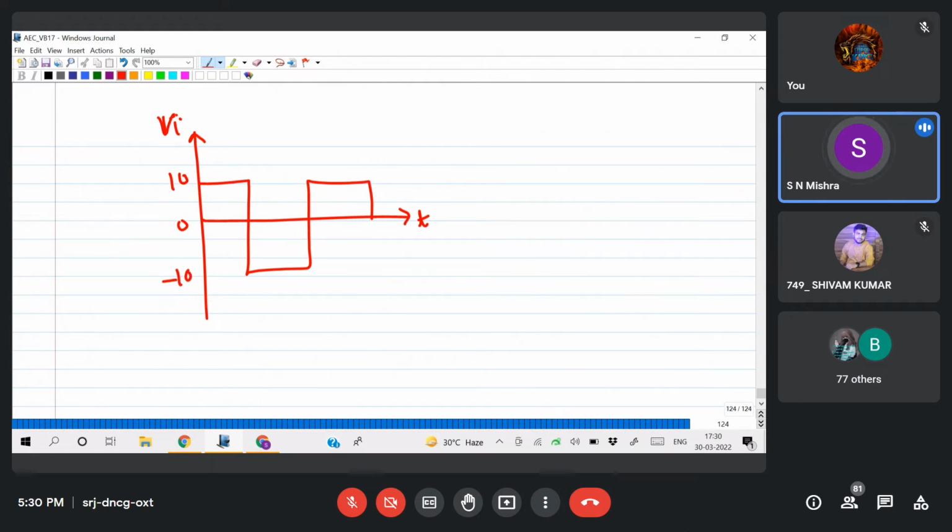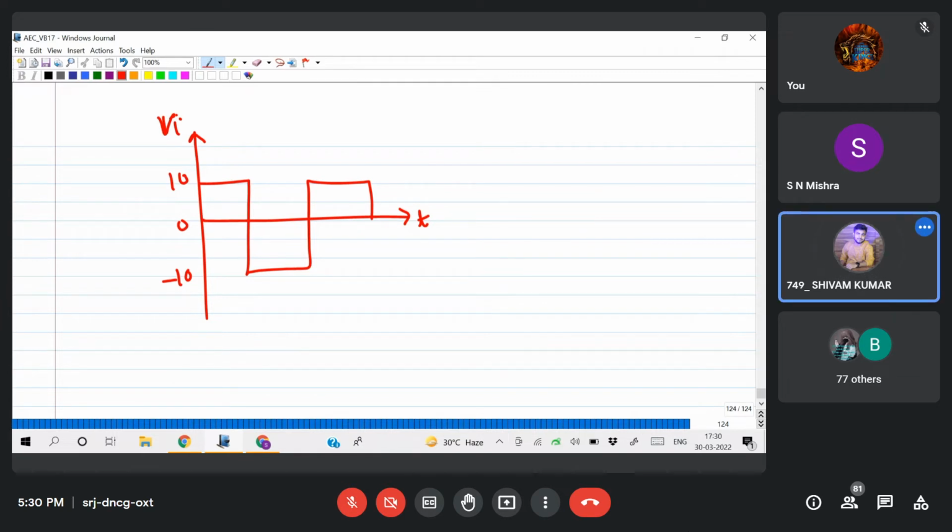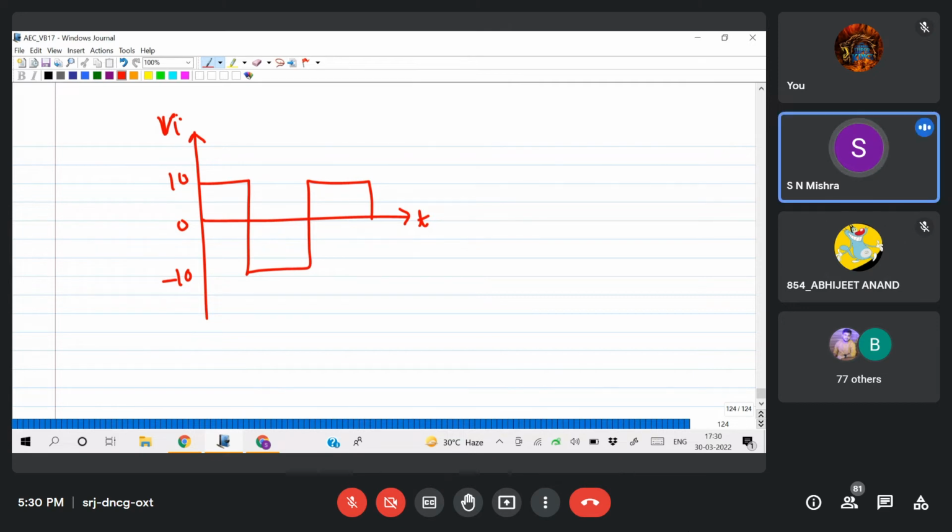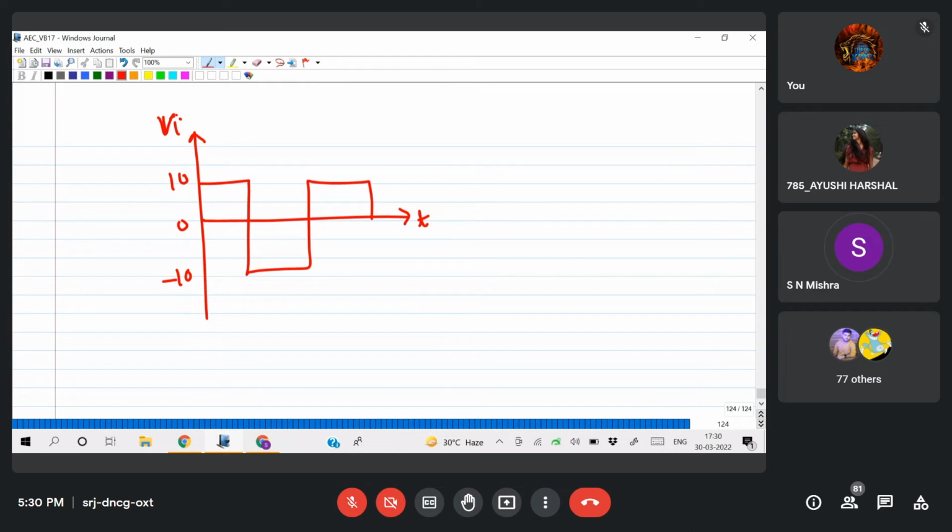Now what is the answer? 20? No, how will it be 20? Sir, it will shift upward. It will not shift upward. 0 to minus 20. The signal will be shifted downward.